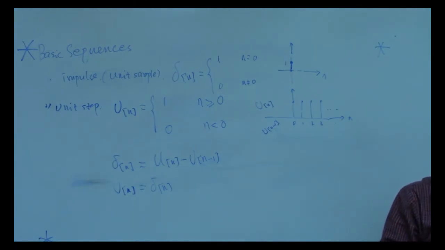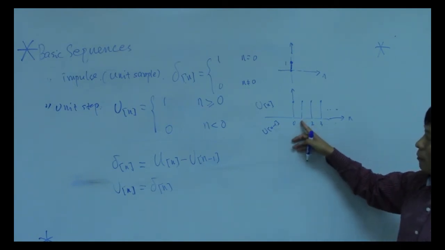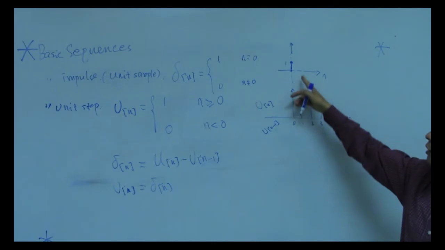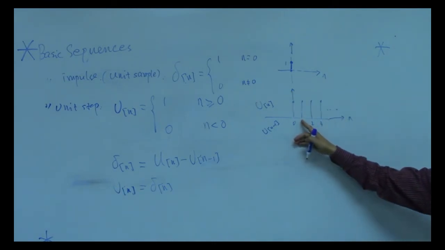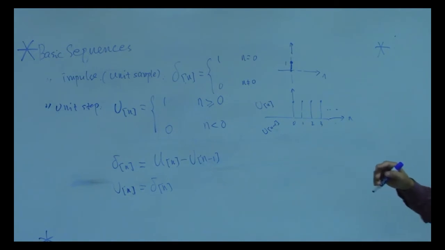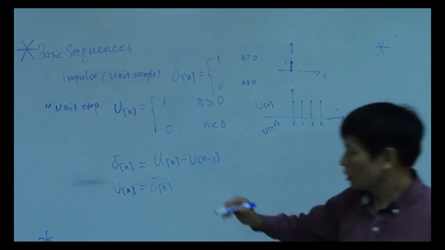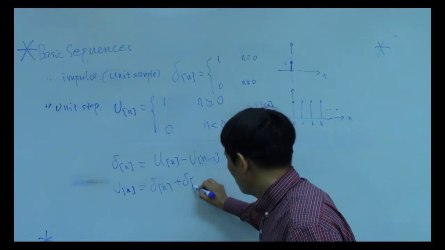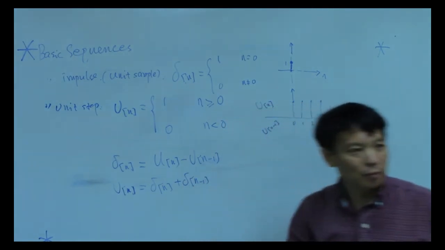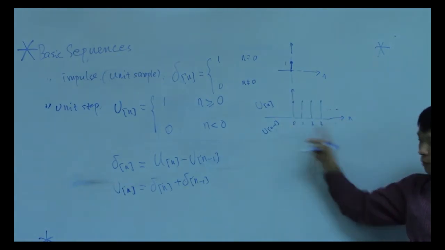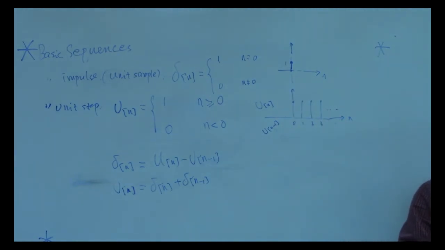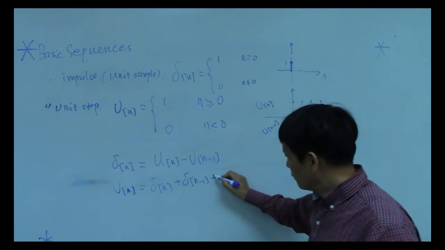That's the first term. Good. How about this term? Use this to represent this one. It'd be impulse n minus 1, right? So this one is shifted to the right by 1, then that is this one. Make sense?